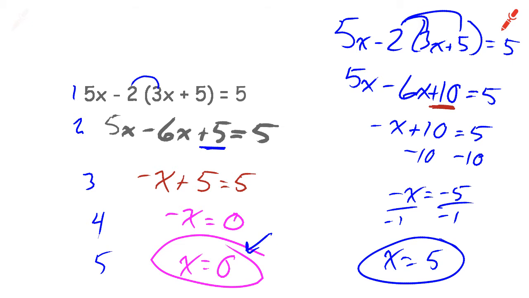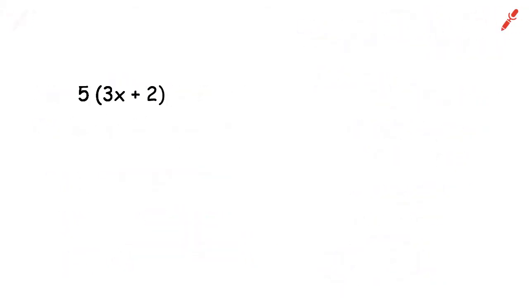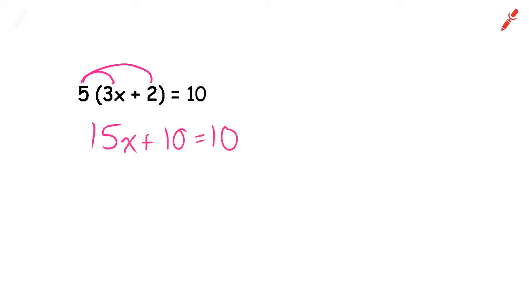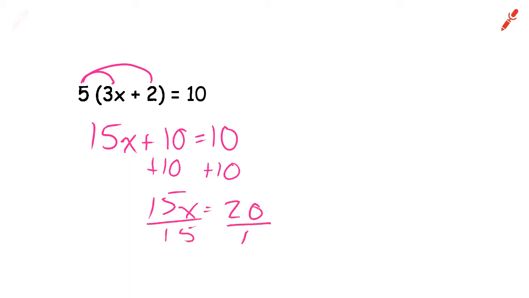So what I want you guys to do is, on this next problem, as it's coming up on the board, I want you guys to identify where the mistake occurred, if a mistake occurred, and then I want you to go ahead and solve it correctly for me. So just like I did on the last problem where we identified the mistake and then fixed it, I want you guys to do the same thing.